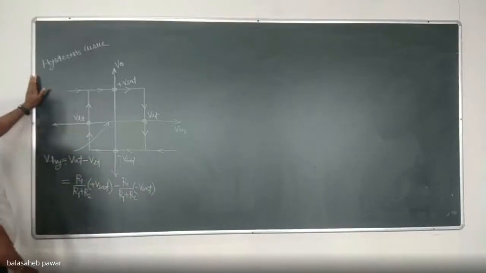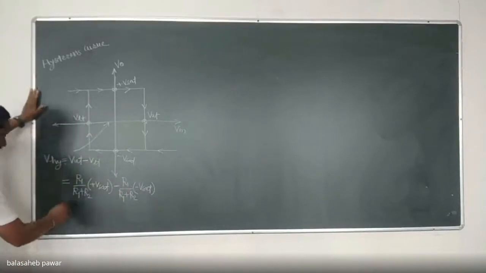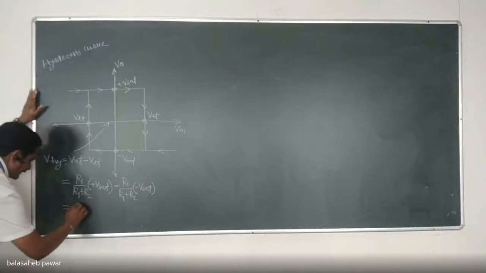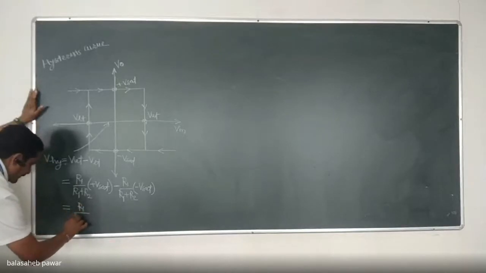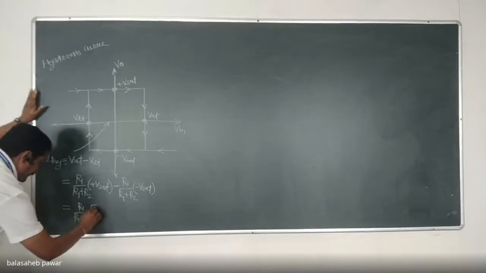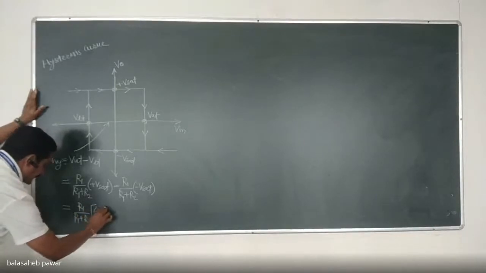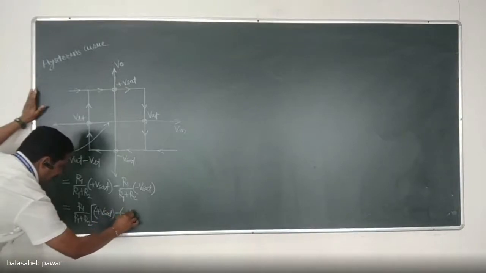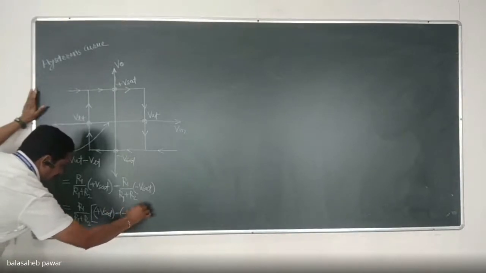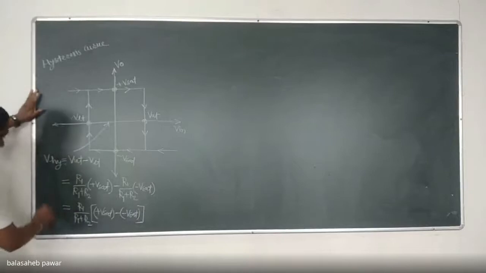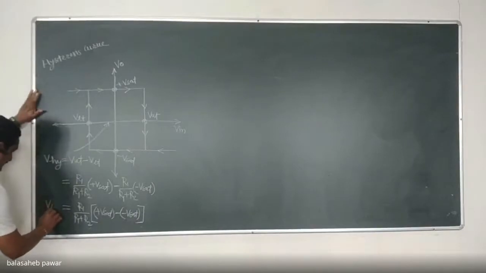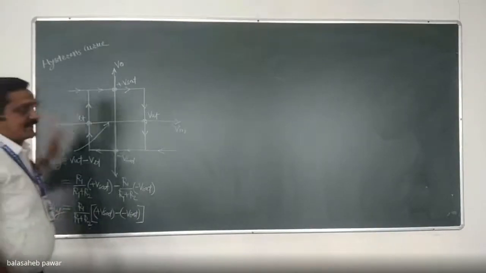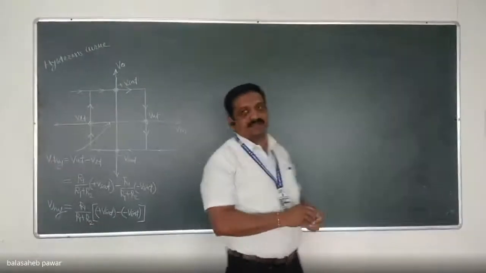You can modify the same formula by taking R1 by R1 plus R2 common. In the bracket, you will have plus VSAT minus of minus VSAT. That's all. By using this formula, you can easily find the hysteresis voltage for that Schmitt trigger.